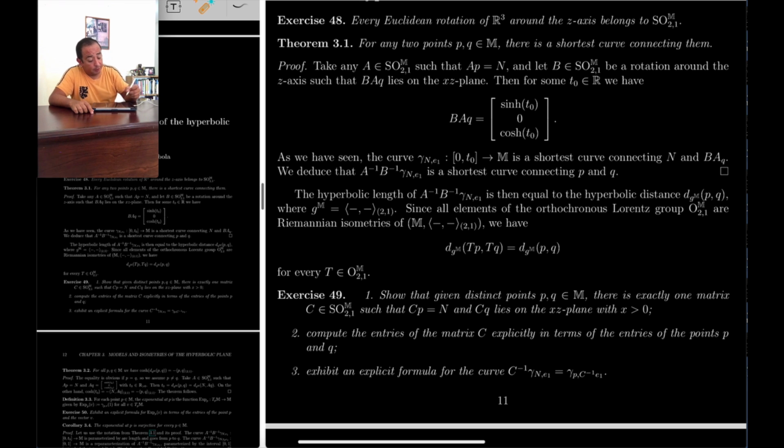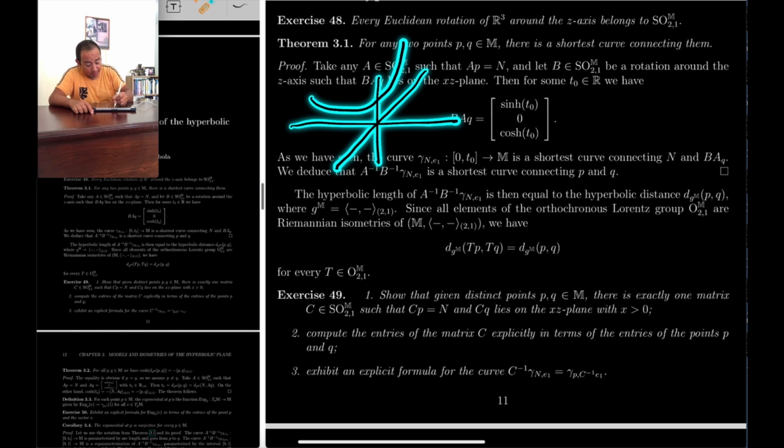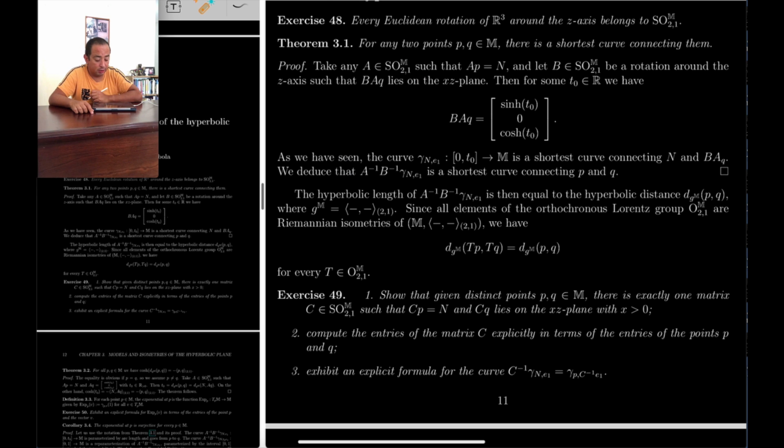Okay, now at this point we see that BAQ is of the form hyperbolic sine of T0, 0, hyperbolic cosine of T0, for a real number T0. That's because the cross section of M in the xz plane is a hyperbola, as we saw earlier in the course.